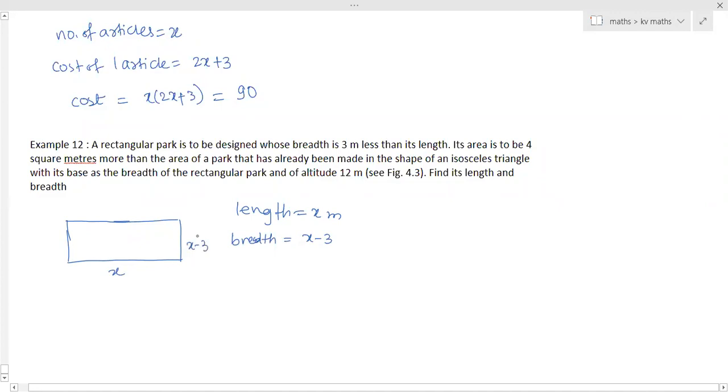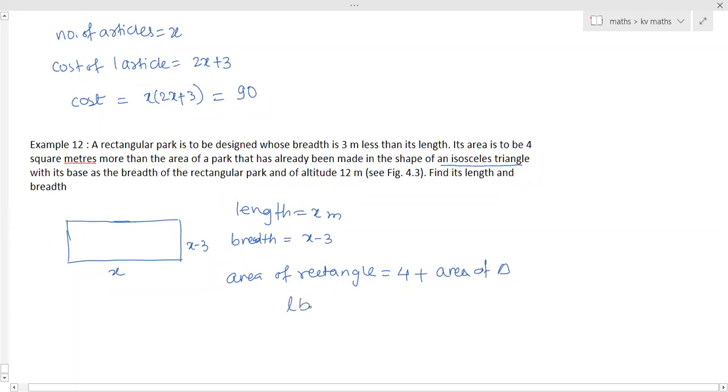Now its area is to be 4 square meters more than the area of the park that has already been made in the shape of an isosceles triangle. So area of rectangle is x into x minus 3 square meters, 4 more than the area of triangle.